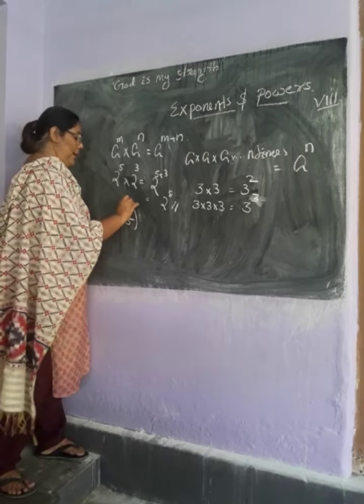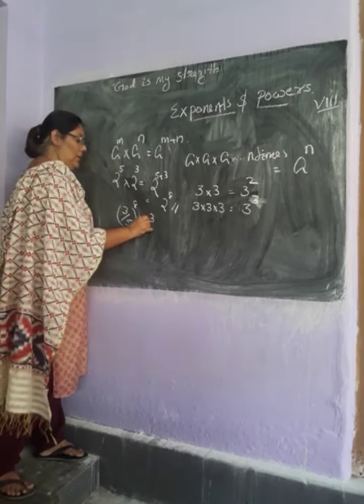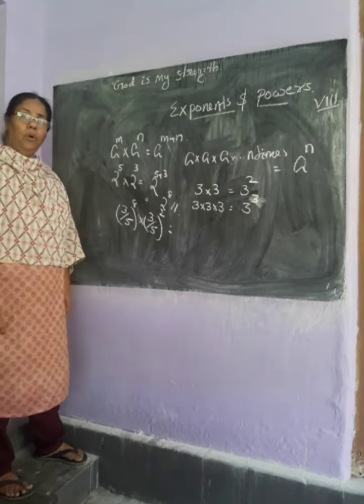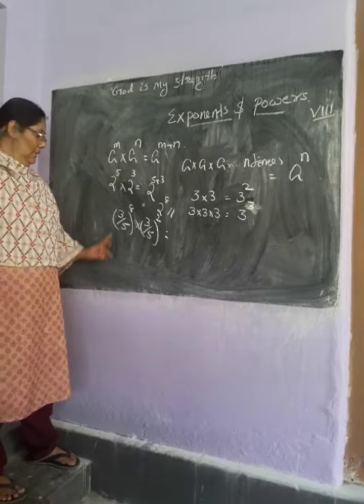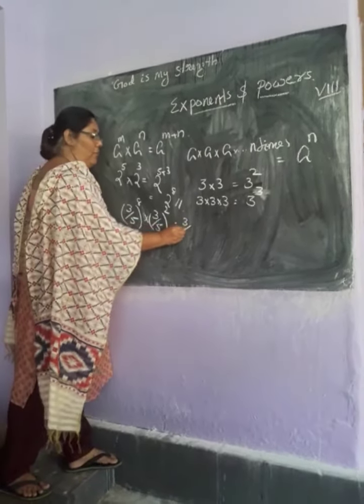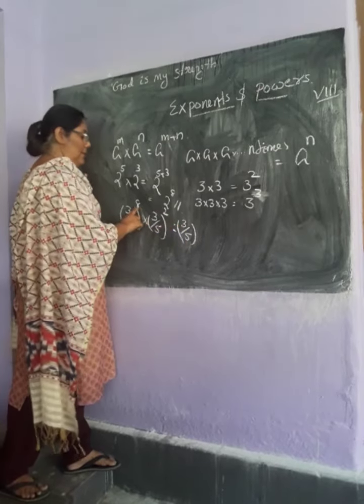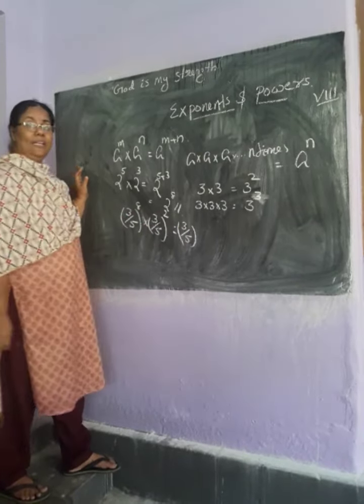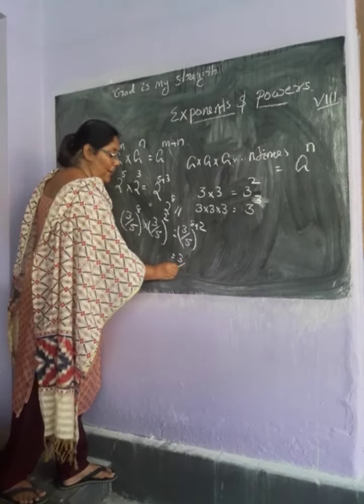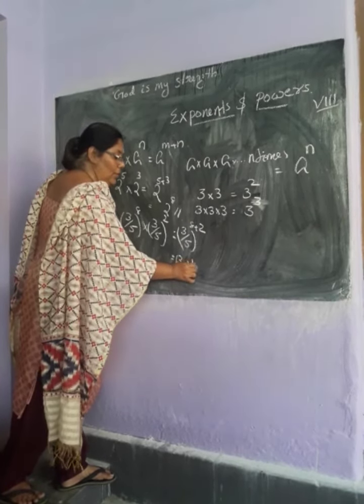Then another example, 3 by 5 is a rational number. 3 by 5 raised to 8 into 3 by 5 raised to 2. What is the answer? Here in both the cases, what is the base? 3 by 5. Therefore, the answer is 3 by 5 the whole raised to 8 plus 2. What is 8 plus 2? That is equal to 3 by 5 the whole raised to 10.